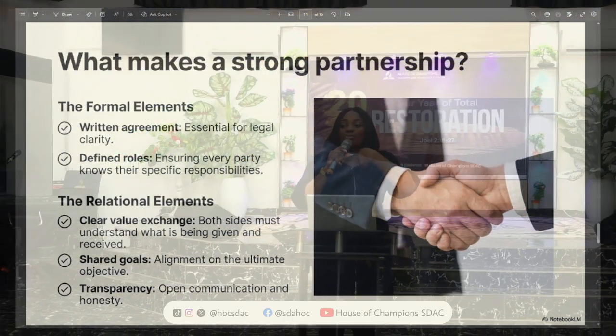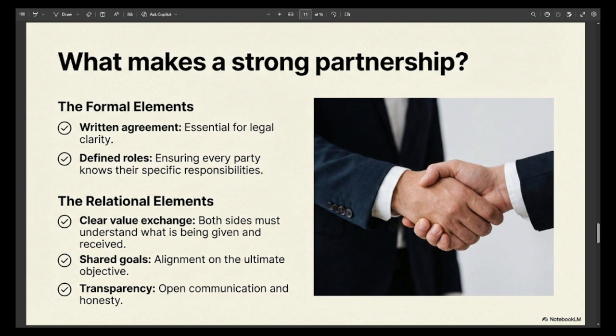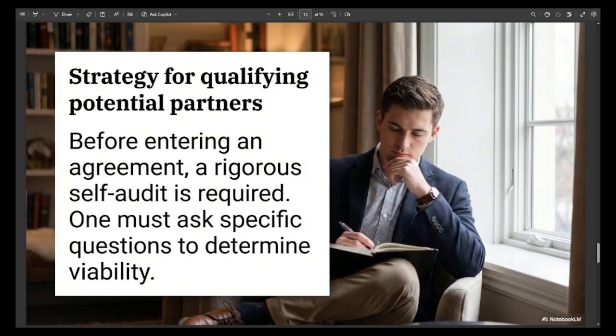If I don't know what I'm to do, you can't hold me accountable to it. That's very important. Now, for relational elements, we have clear value exchange, shared goals, transparency, very important.